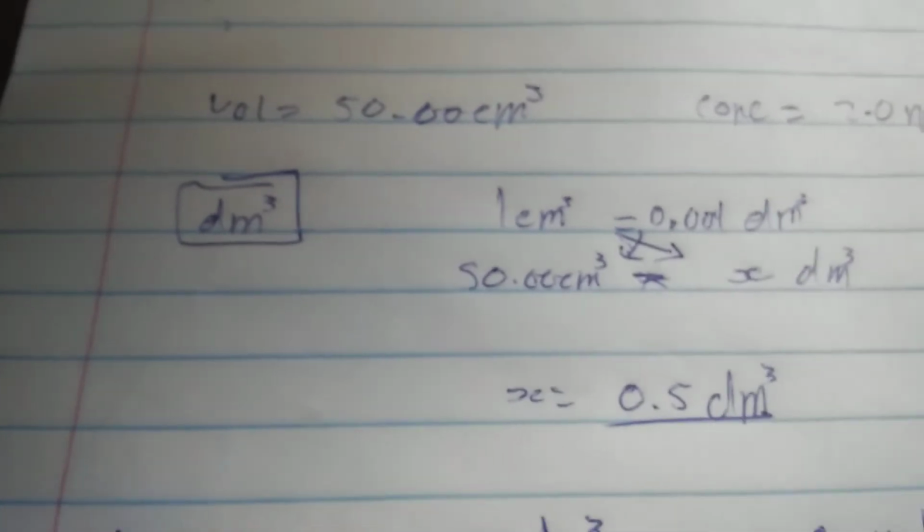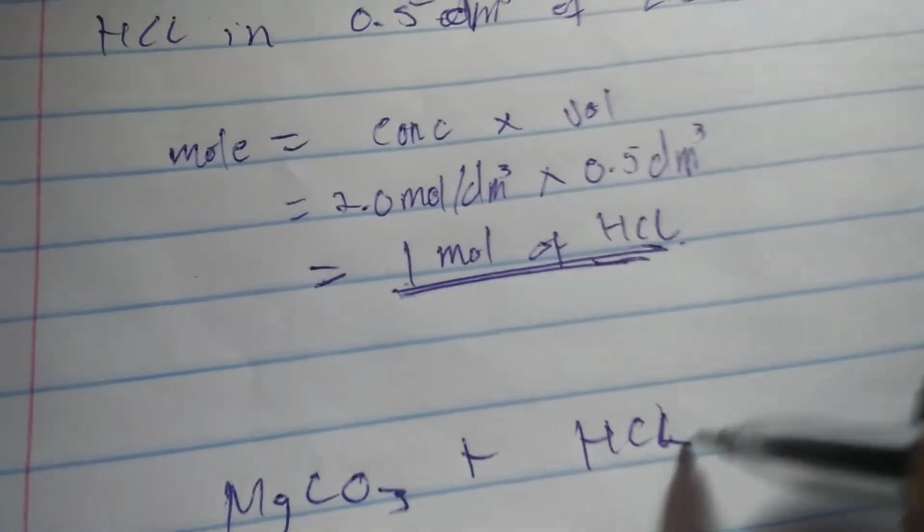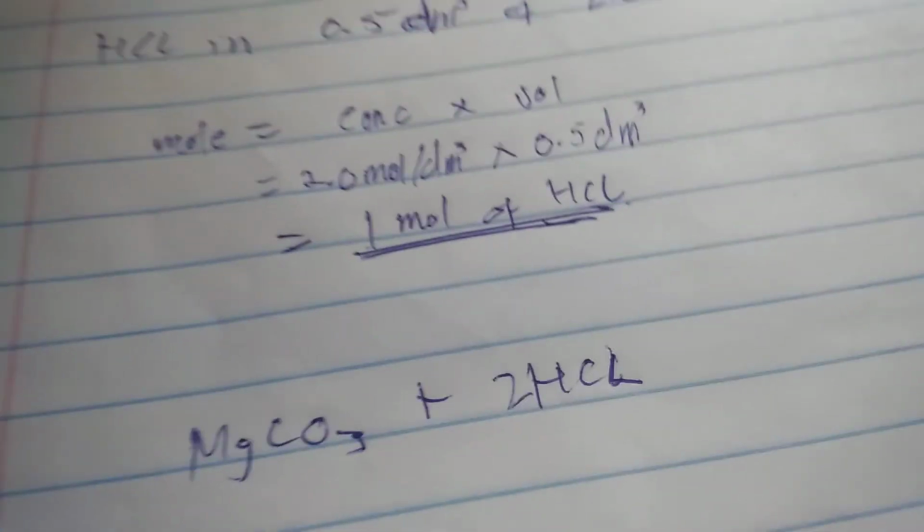From our equation, we have magnesium carbonate reacting with HCl. And according to the equation, when it is balanced, we are told that 2 moles of HCl react with 1 mole of magnesium carbonate.